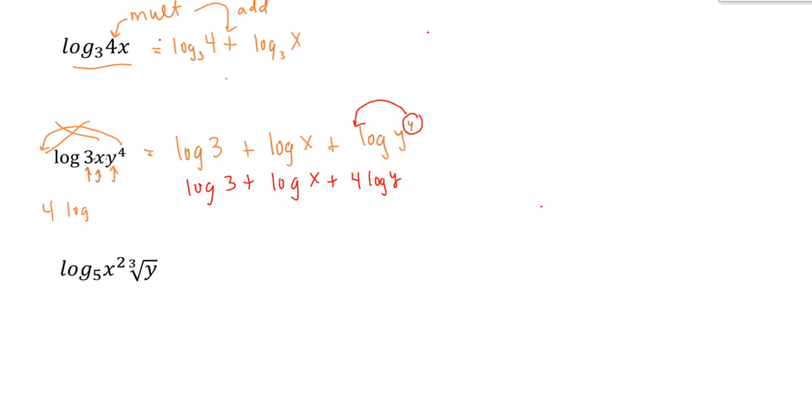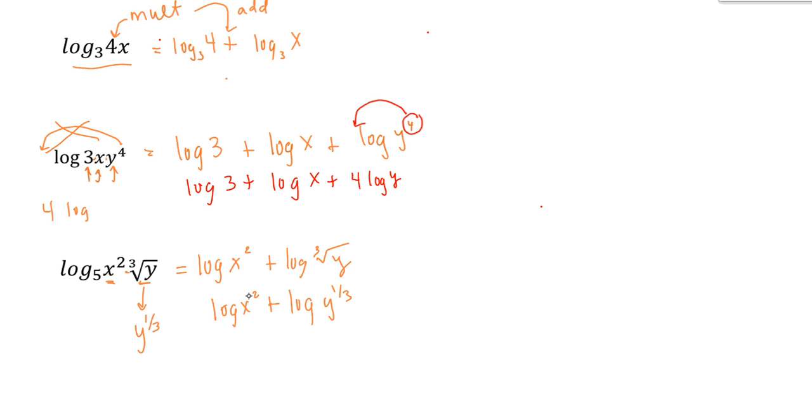Okay, this one's a little bit tricky. You have to remember that a radical can be rewritten as a power, right? y to the 1/3 is the same thing as a cubed root of y. So I've got 2 things. It means I need 2 logs, log of x squared, log of cubed root of y, and they're multiplying, so I'm going to add. This is log of y to the 1/3, log x squared.